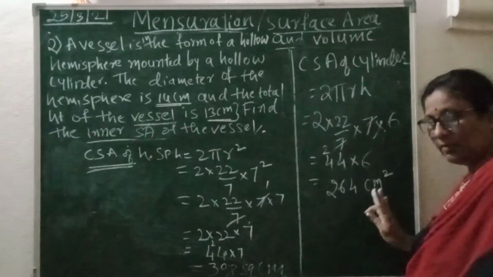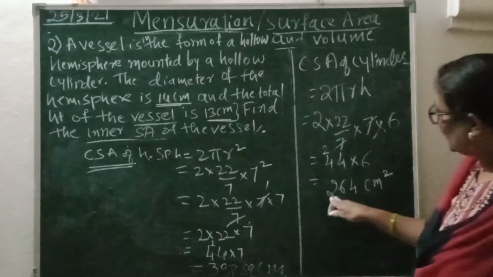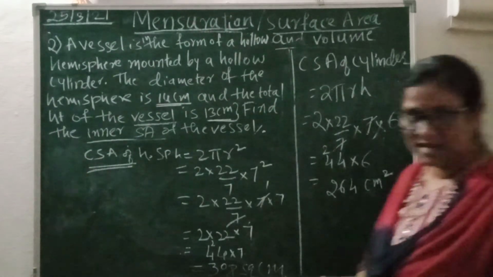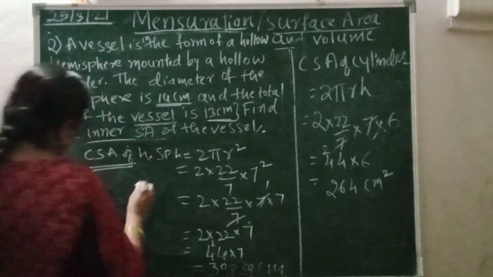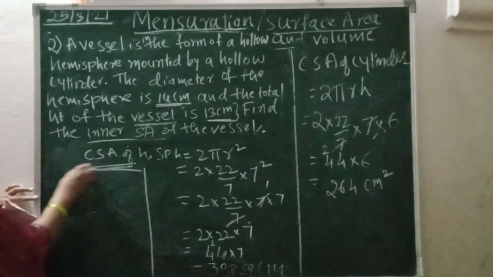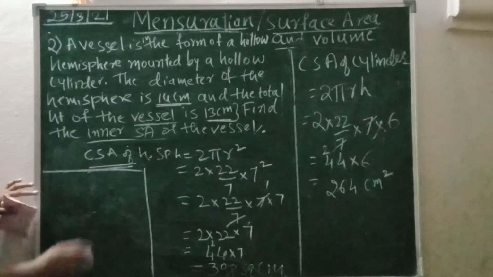This is not the end of the problem. Next, what to do here? Add both the areas to get the total surface area, or inner surface area, of the given vessel.